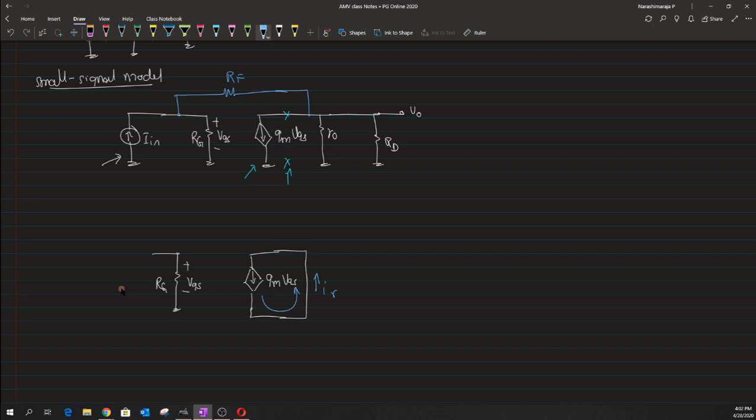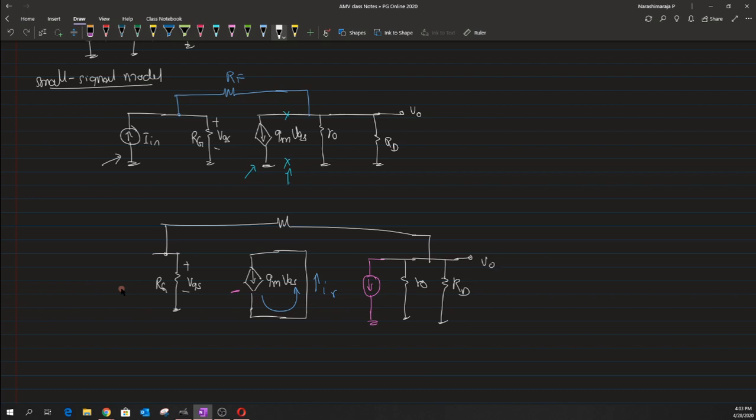Okay. Now for this disconnected point we have to apply an input signal, right. So in this case the input signal has to have the same direction in which the gmVgs was flowing. So I have just followed the same flow, and then this was being connected to the rest of the circuit where we had the resistance r naught and the resistance Rd, and there was a feedback resistor that gets connected between, sorry, between the input and the output.